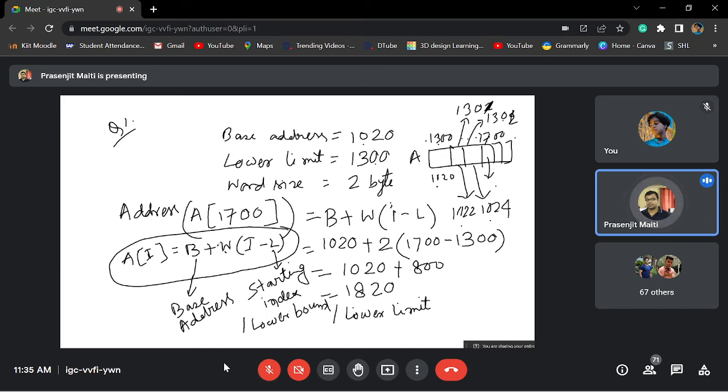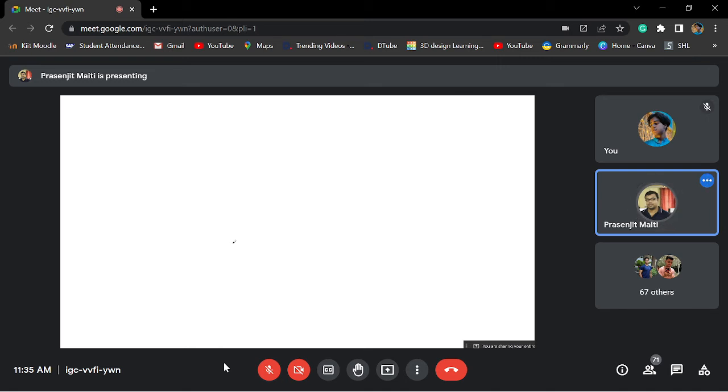Using this formula, you can find the address of any particular index of a 1D array. Now, we will discuss 2D array.